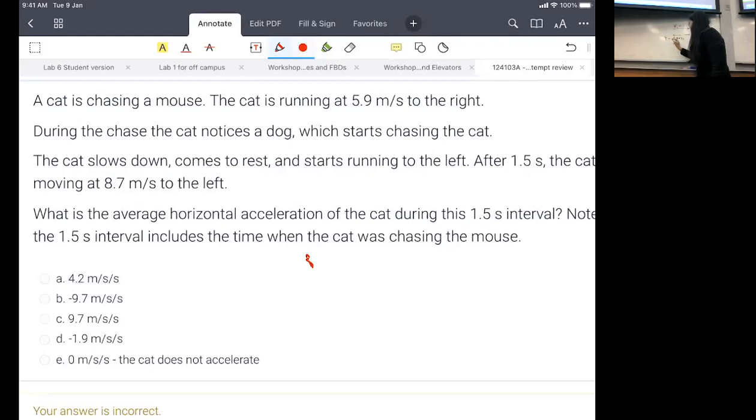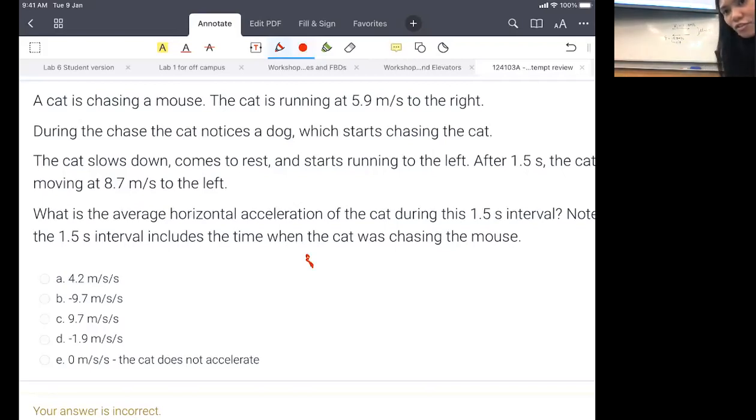So you have this negative sign. The negative sign means the cat is moving to the left. And the time interval between the two is 1.5 seconds. So from the time the cat was chasing the mouse to the final time when they gave you 8.7 meters per second, the time interval is 1.5 seconds.